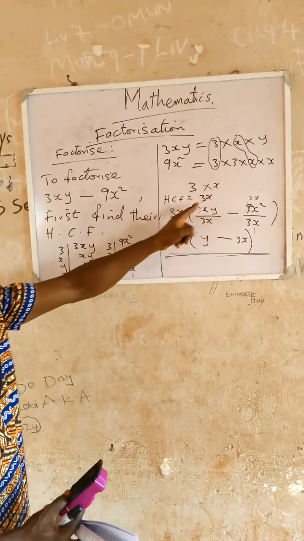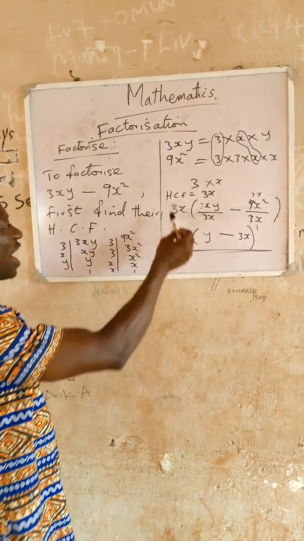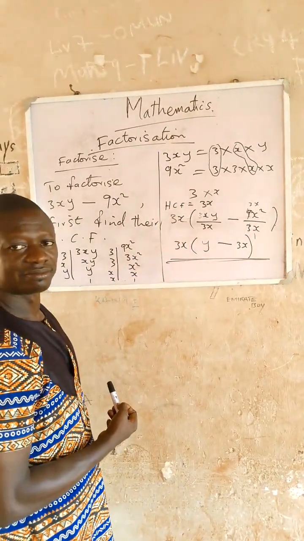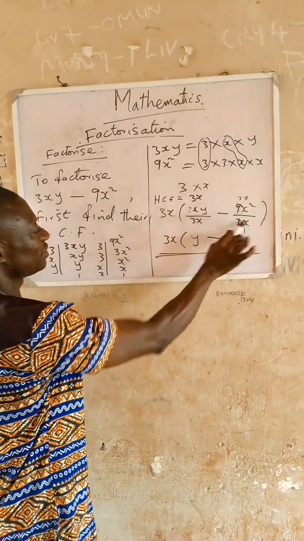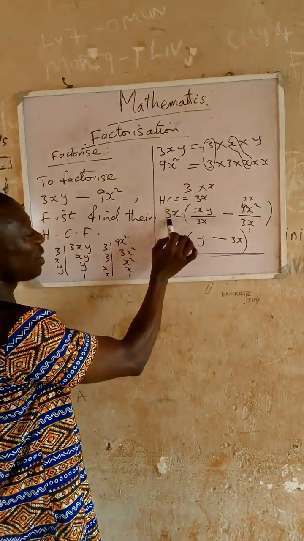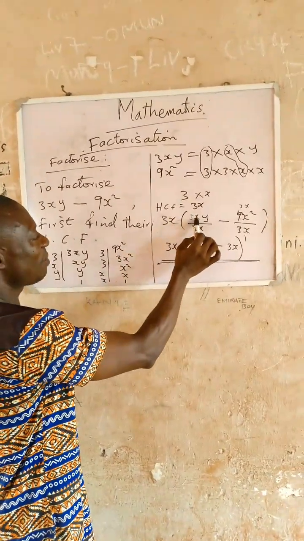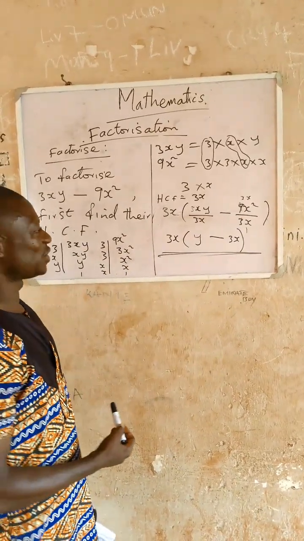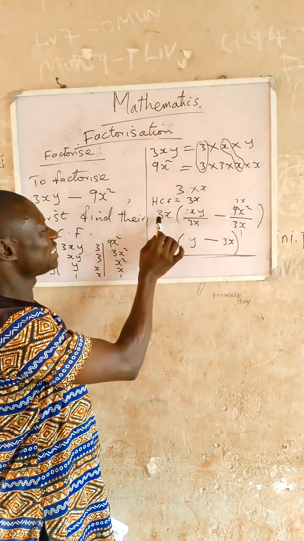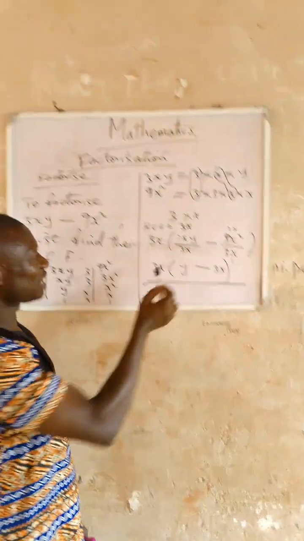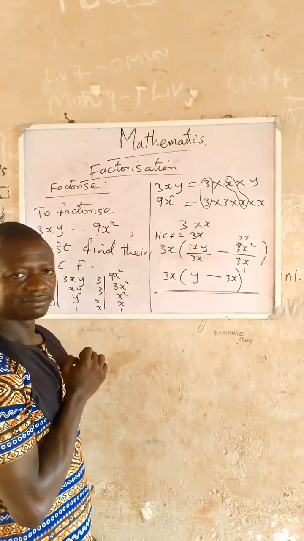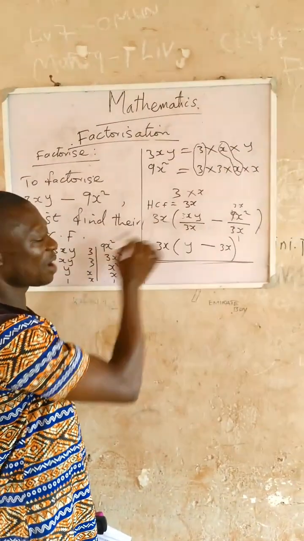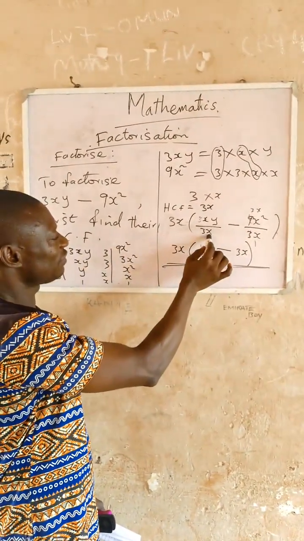When we find the HCF, you use that HCF to factorize the expression. Bring the HCF outside, write the numbers inside, and use the HCF to divide each one. If you are factorizing the expression, you write the HCF outside. Use that HCF to divide what you have inside.